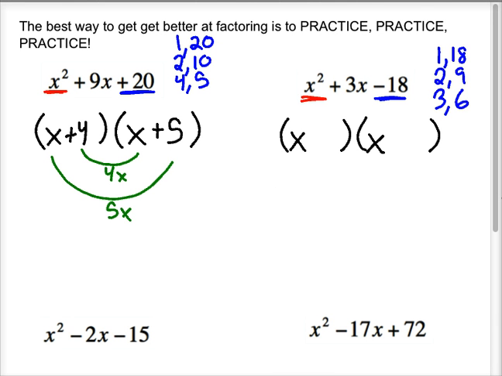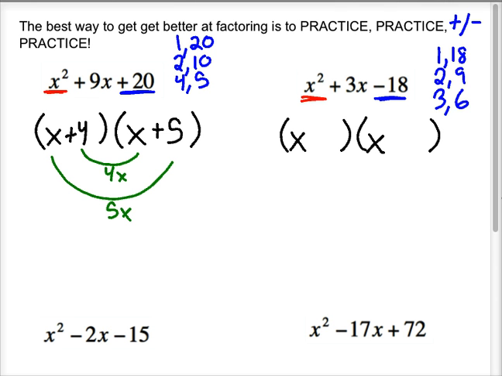Now the thing I want you to recognize though is this time I'm trying to multiply to a negative 18. All right, so that means I'm going to need a positive and a negative because the only way to multiply to be a negative number is you need one positive, one negative.